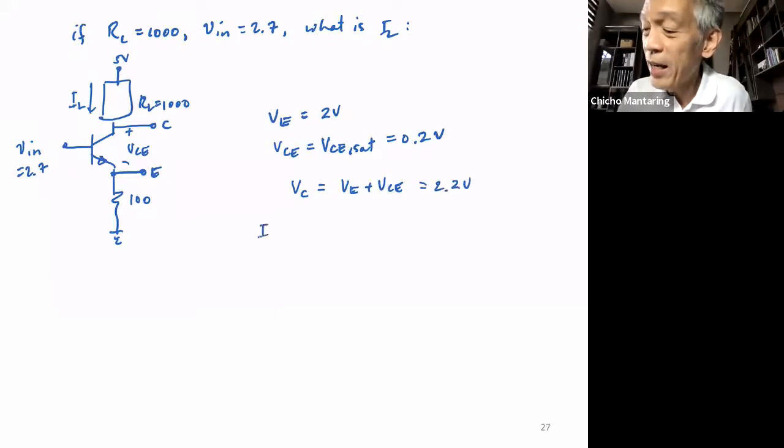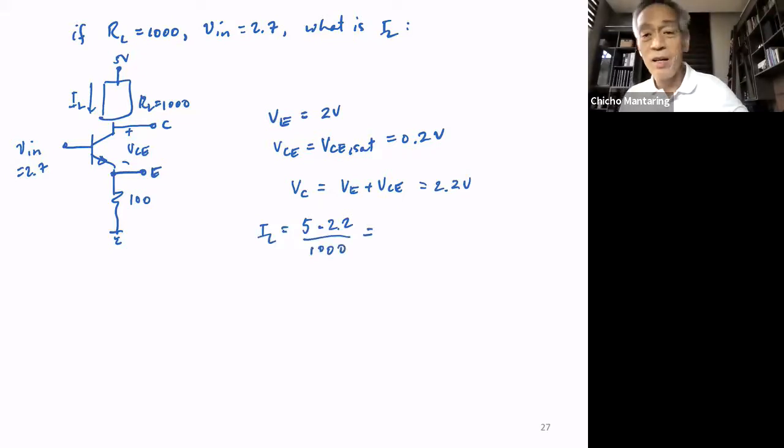And therefore, what is IL? IL will just be 5 minus 2.2 over 1,000.